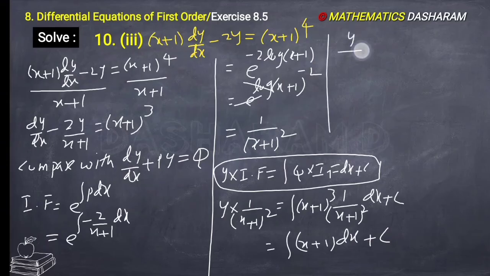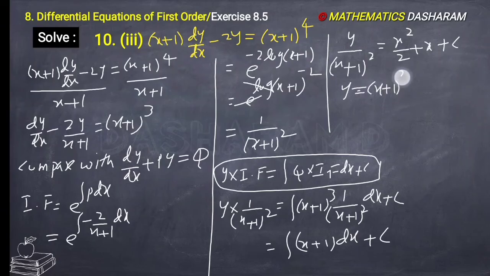So y by (x+1) whole square equals integration of (x+1), which is x square by 2 plus x, plus c. So then y equals, here (x+1) whole square is transposed to the right side, so (x+1) whole square times (x square by 2 plus x plus c). This is our required answer.